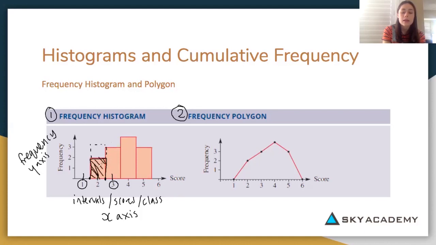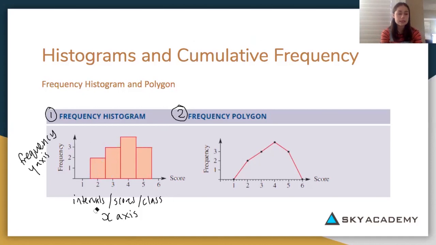So you go halfway over the 2 towards the right and halfway over the 2 towards the left, or halfway between 1 and 2 and halfway between 2 and 3. And that's the width of your box. So that's a frequency histogram.